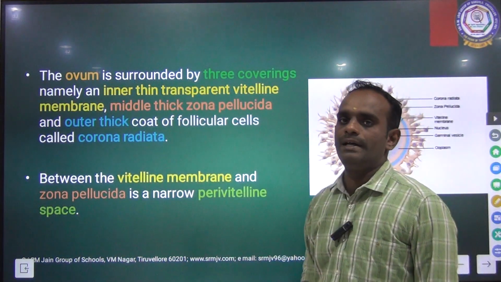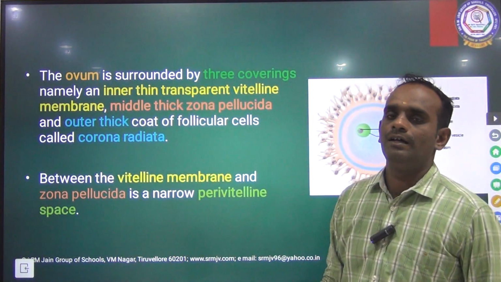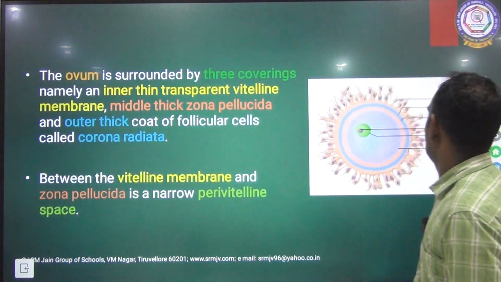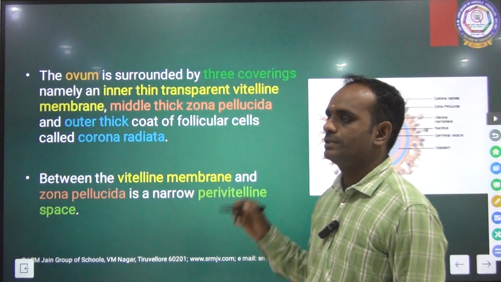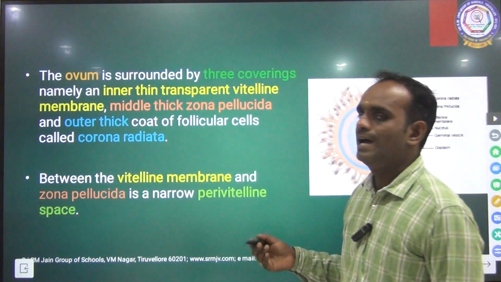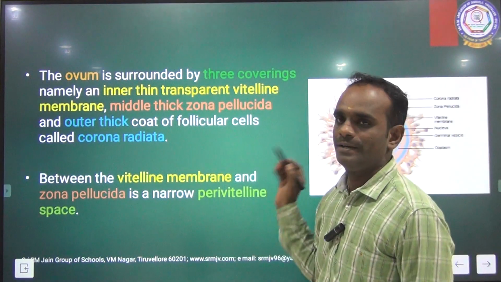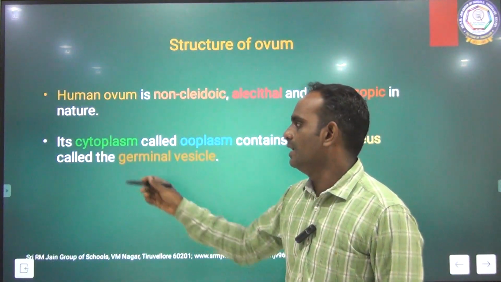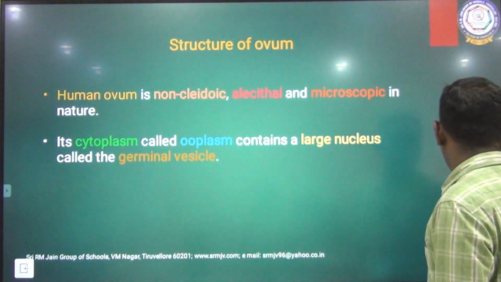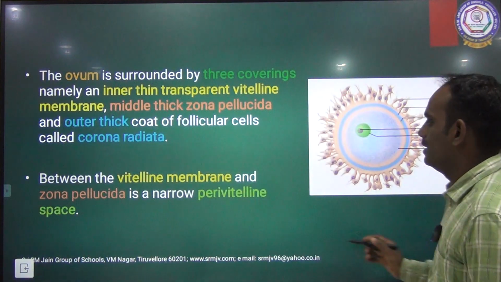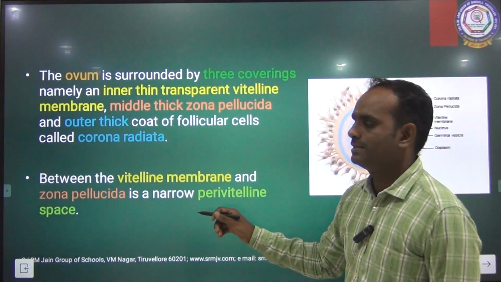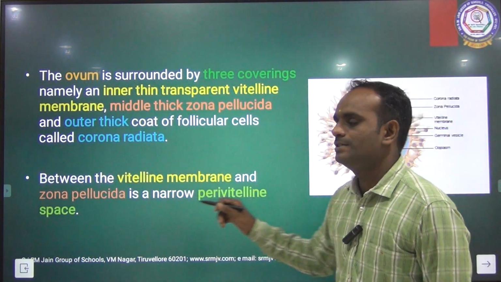The ovum is surrounded by 3 coverings. The outer one is corona radiata, the middle one is zona pellucida, and the inner one is a thin transparent membrane called vitelline membrane. In between the vitelline membrane and the zona pellucida, there is a space called perivitelline space.